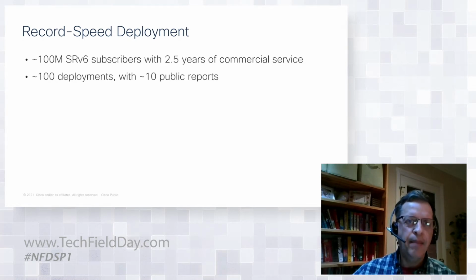Those networks typically began going into production in approximately 2019, so we're looking at 2.5 years of commercial services. Industry-wide, we also are tracking around 100 deployments in different stages: architectural commitments, field trials, lab testing, or complete production, 100 more or less in total.